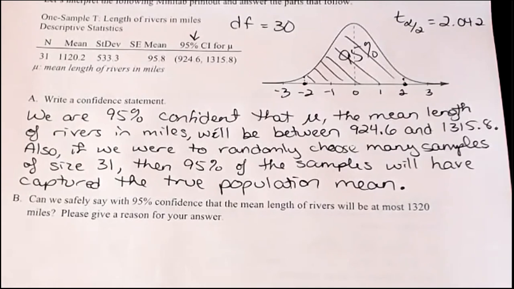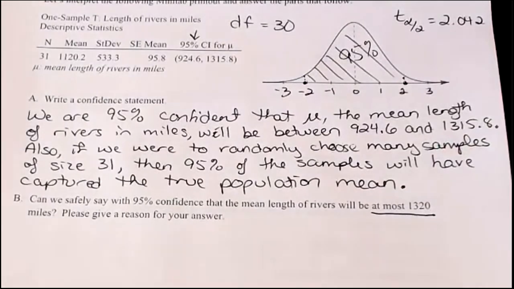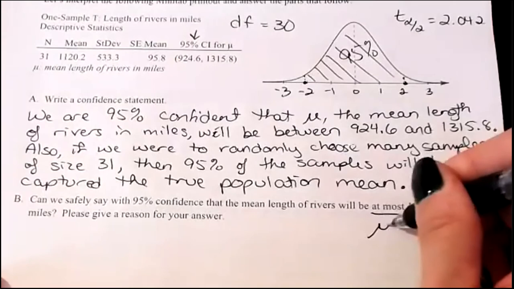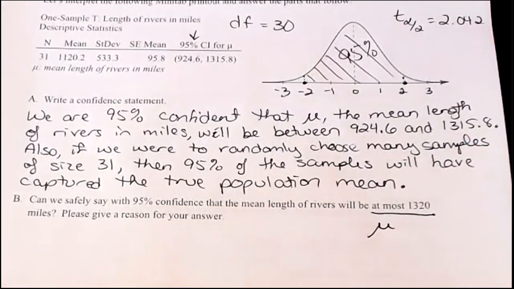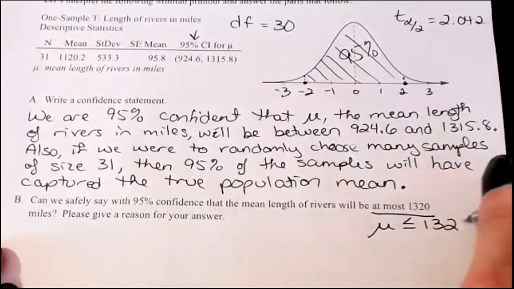Good. For part B, it says, can we safely say with 95% confidence that the mean length of rivers will be at most 1,320 miles? So the mean length of rivers will be at most means less than or equal to, right? No more than 1320.